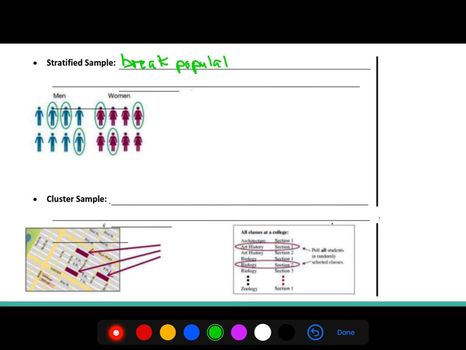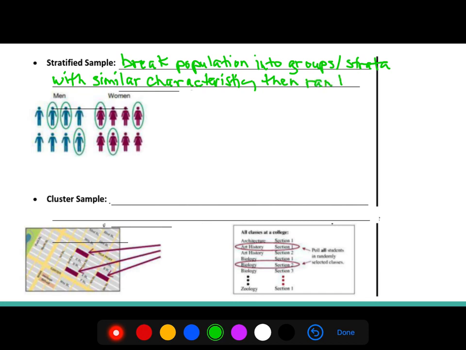Another sampling method is a stratified sample. So we're going to break up the population into groups or strata with similar characteristics, and then we're going to randomly sample from those strata.